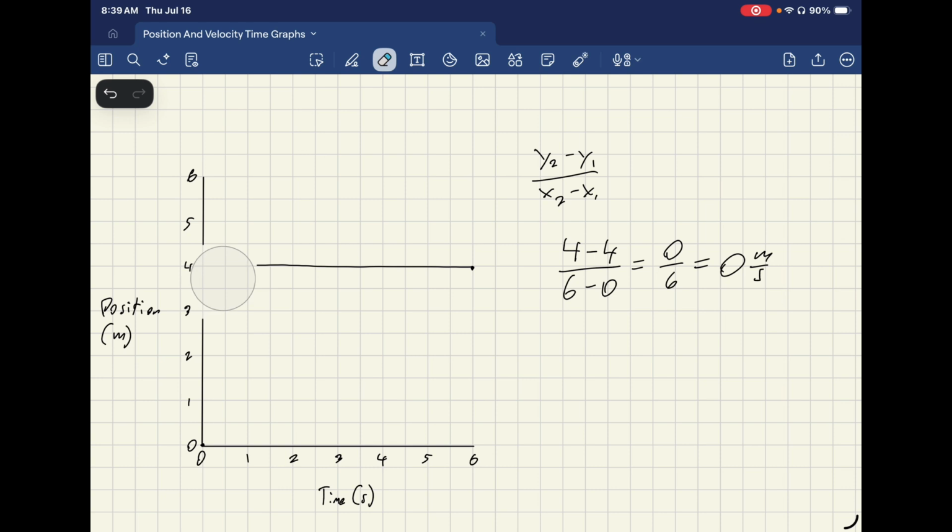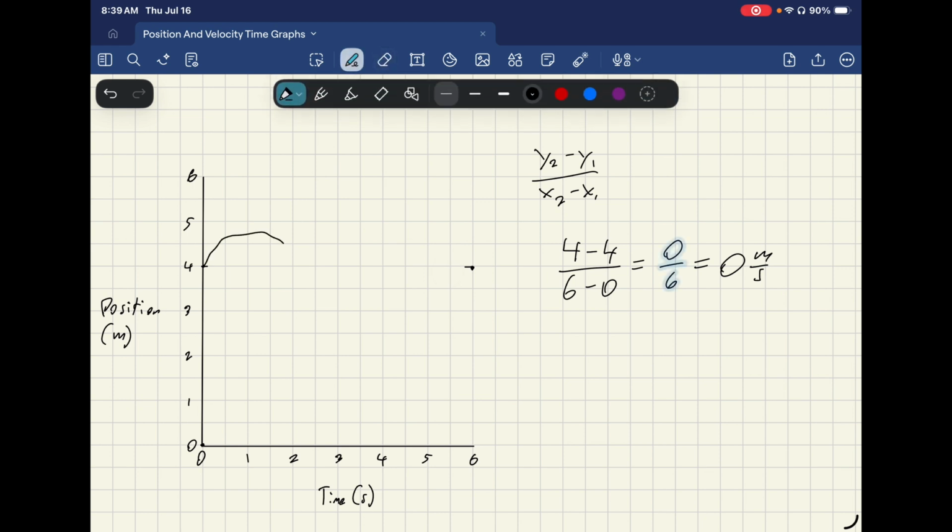Now, something else that's important to realize is, let's say we have something that does this with position, where it's going forward, then going backwards. Our average velocity, if we use this equation still, would still be 0 meters per second.